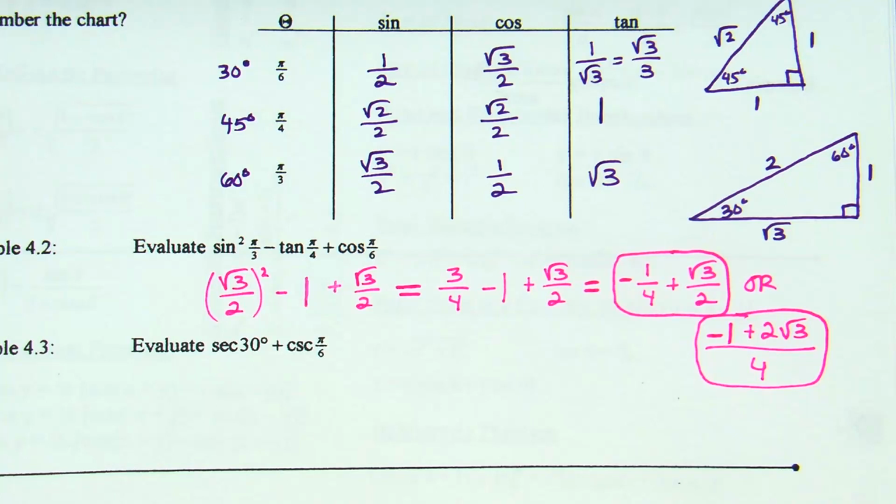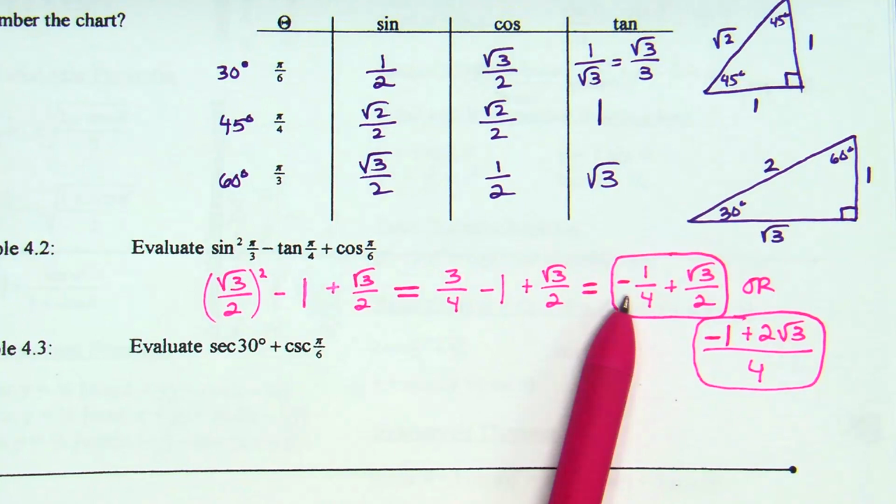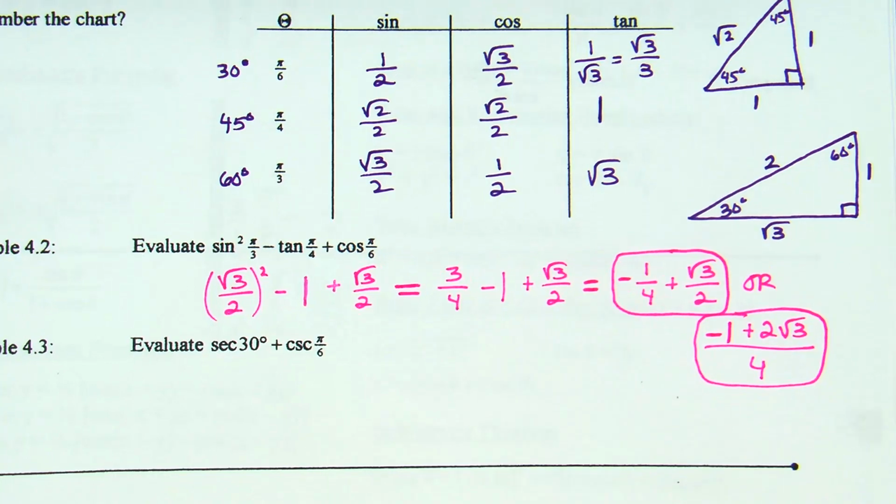Secant of 30 degrees plus cosecant of pi over 6. What is the secant of 30? Okay. Because it's a reciprocal of cosine of 30, right? So I'm going to write it as 2 over square root of 3 for the moment, but we will rationalize that. Plus, what's the cosecant of pi over 6? The reciprocal of 1 over 2, which is 2 over 1, or in other words, 2.